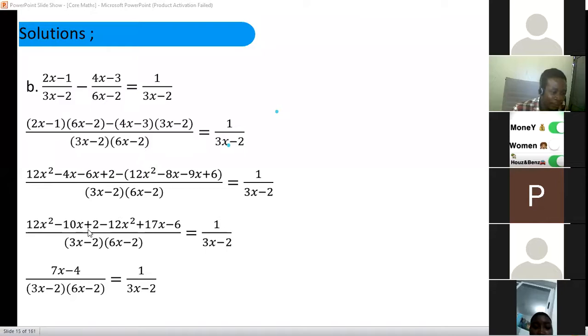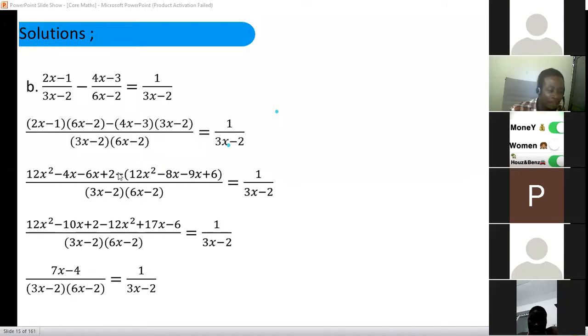Then we simplify again. I'll have 12x squared minus 10x, that is minus 4x minus 6x, giving us minus 10x, plus 2x, minus, then we expand the bracket here, minus 12x squared. Over here, minus 8x minus 9x will give us minus 17x.